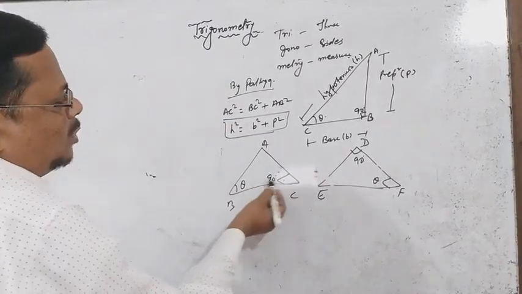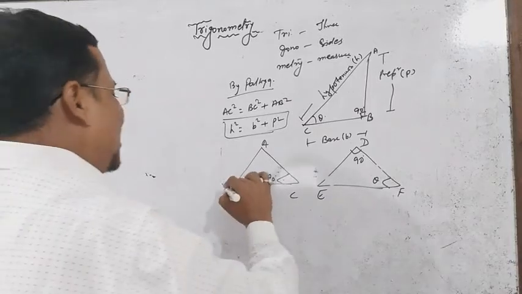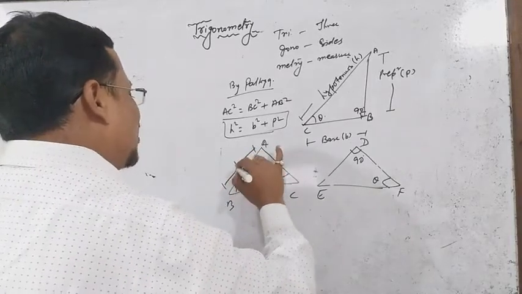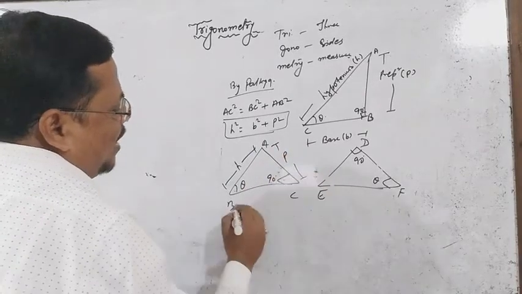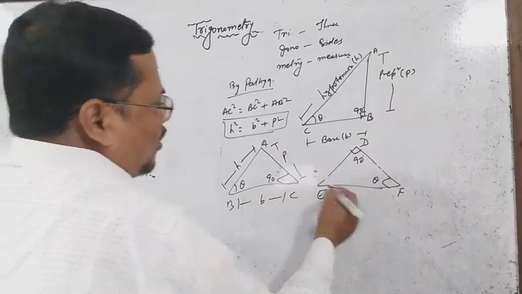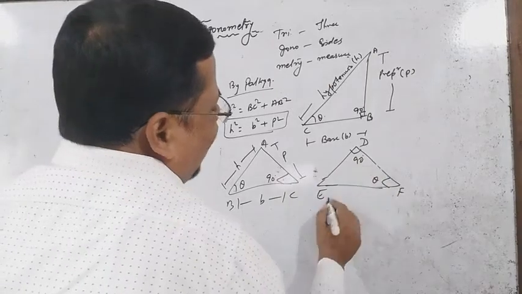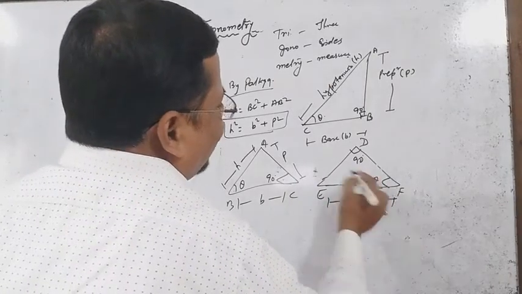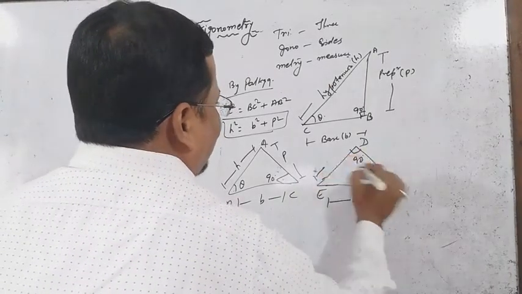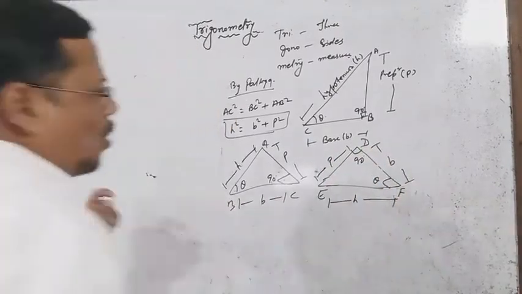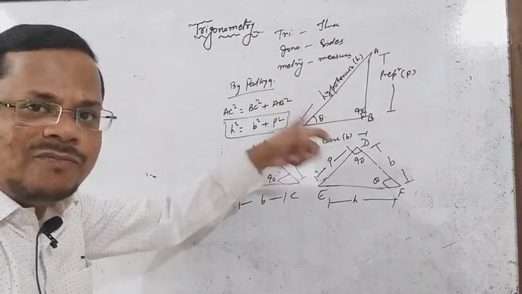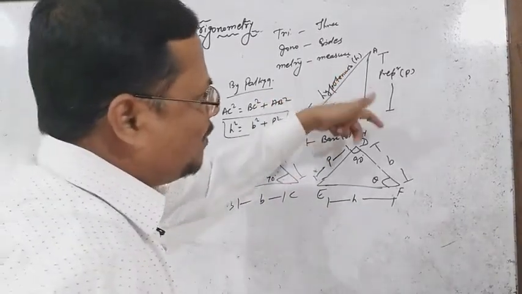We know that the side opposite the 90 degree angle is called the hypotenuse, the side opposite theta is called the perpendicular, and the rest side is the base. Similarly, here the side opposite the 90 degree angle is the hypotenuse, the side opposite theta is called the perpendicular, and the rest side is called the base. So you have to find the other hypotenuse, perpendicular and base.